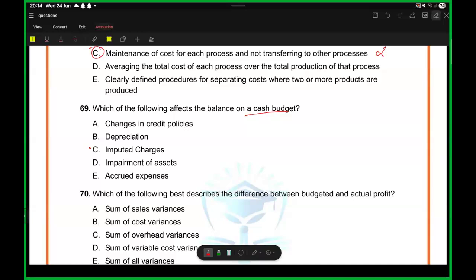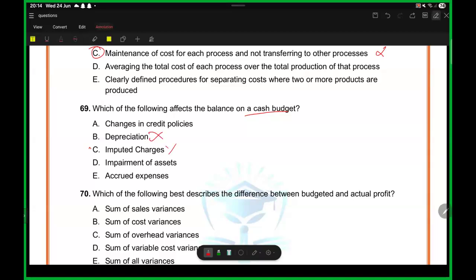So only one would affect the balance, but the rest should not even be included in the cash budget. In a cash budget, we are recording items of cash nature only. Depreciation is a non-cash item, so it will not even be recorded in the cash budget for it to affect the balance.